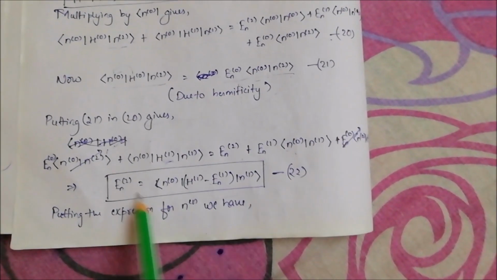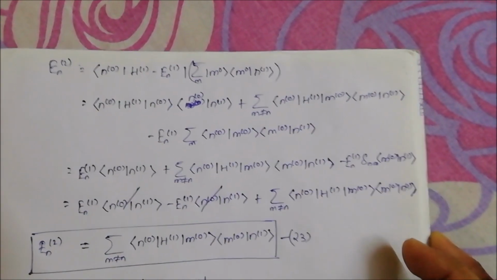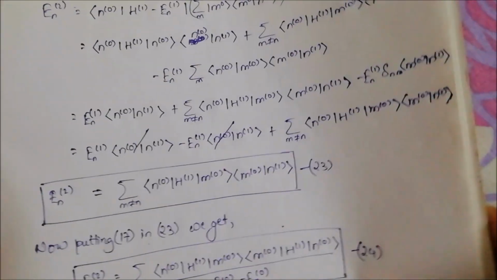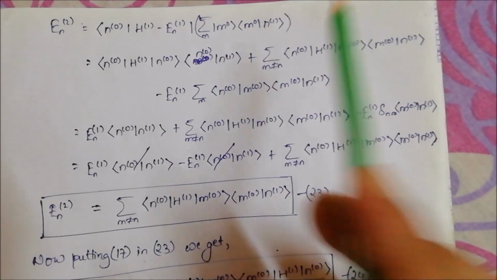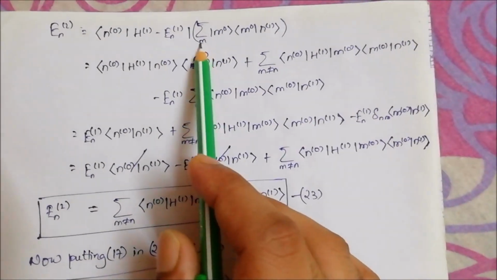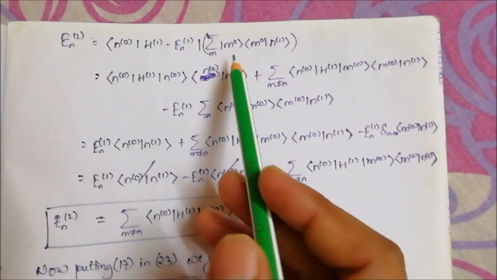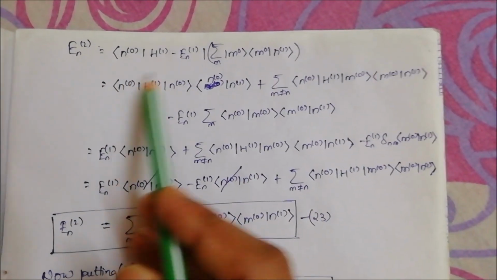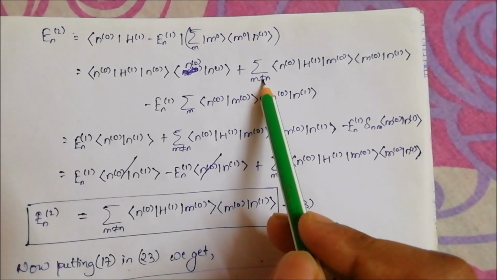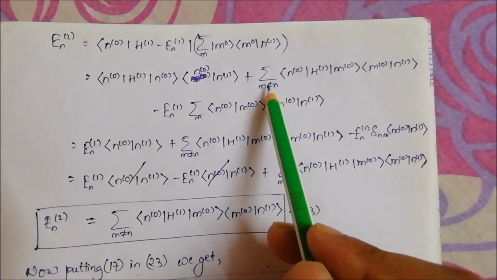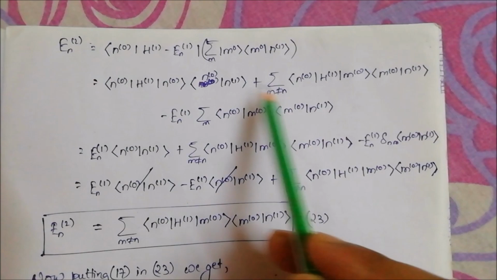Now we need to evaluate this expression. Again I'll expand n1 in terms of the basis that we have for the undisturbed Hamiltonian, and this is a summation over m, so I'll just pick out the n term from this summation, which leaves me with a summation over all m, with n not included in that.